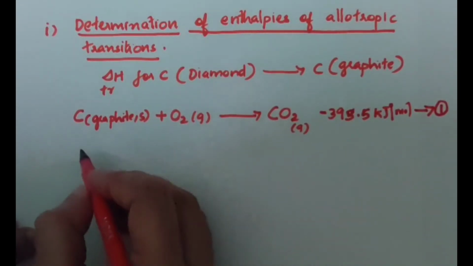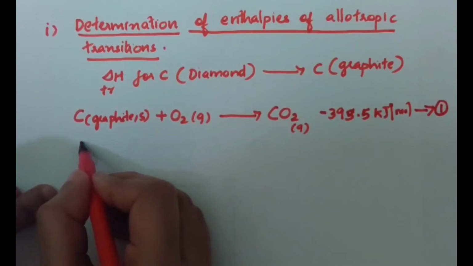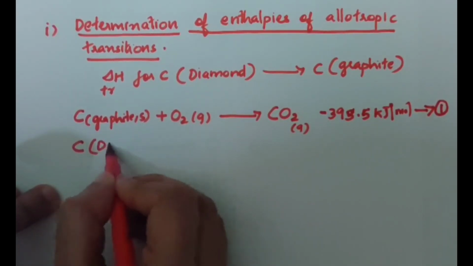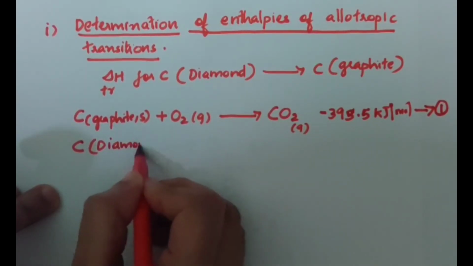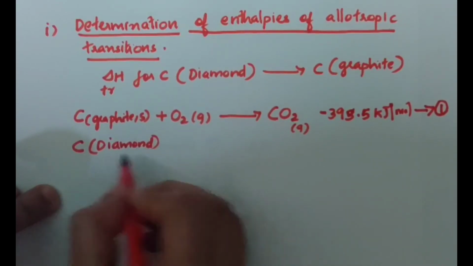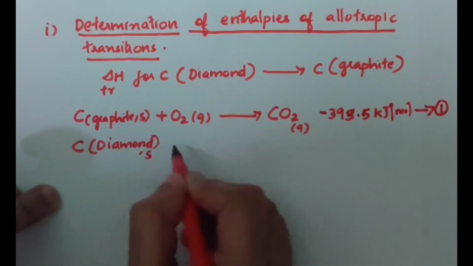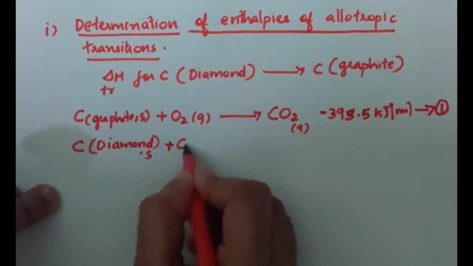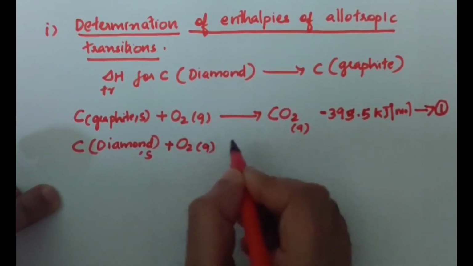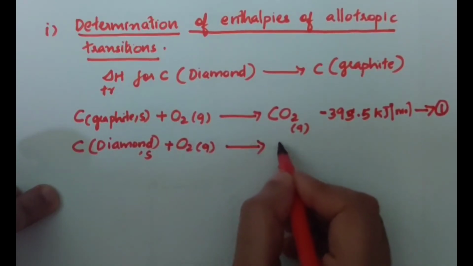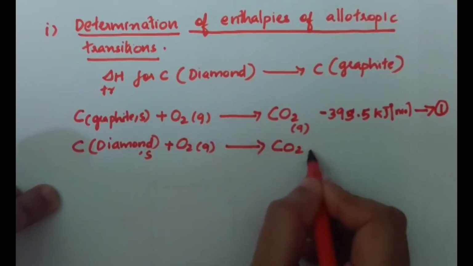And the second, C in diamond form, which is also in solid state, plus O2 in gaseous state, we are getting carbon dioxide.